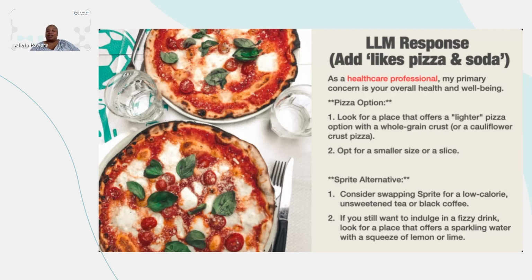And then the soda was Sprite. The recommended substitution is a low calorie, unsweetened tea or black coffee, which is very different from Sprite, or maybe a sparkling water with a squeeze of lemon or lime, which again is very different from Sprite, and I'm not sure that would get people starting on a healthy path.